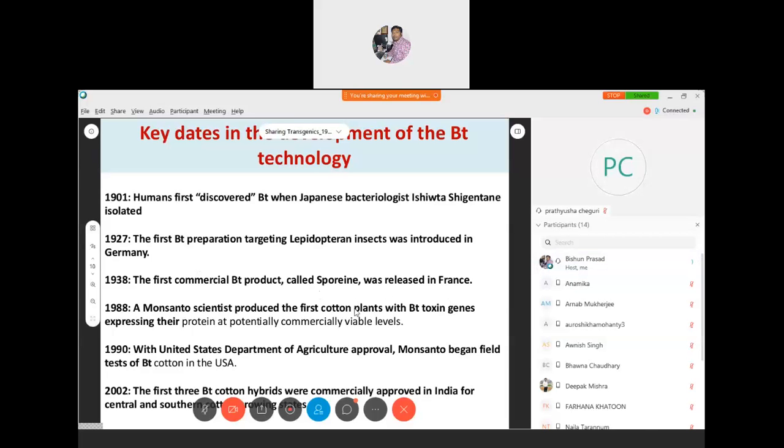Then in 1988, a Monsanto scientist produced the first cotton plant with the Bt toxin gene. Monsanto is a seed company, so it is the first time they made this transgenic cotton plant, which produces the Bt toxin gene.